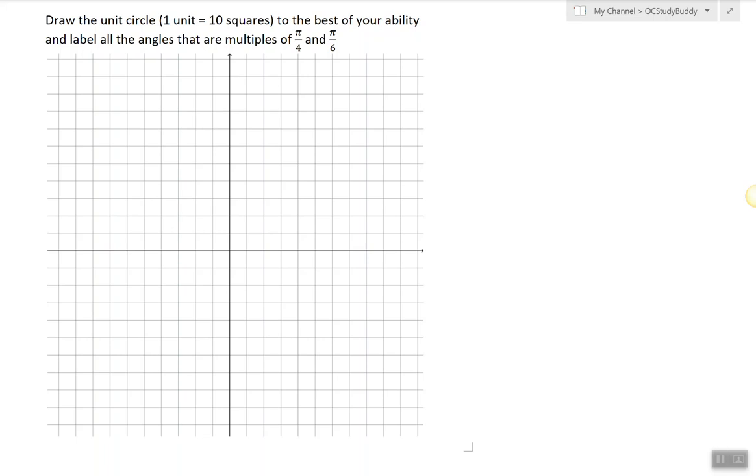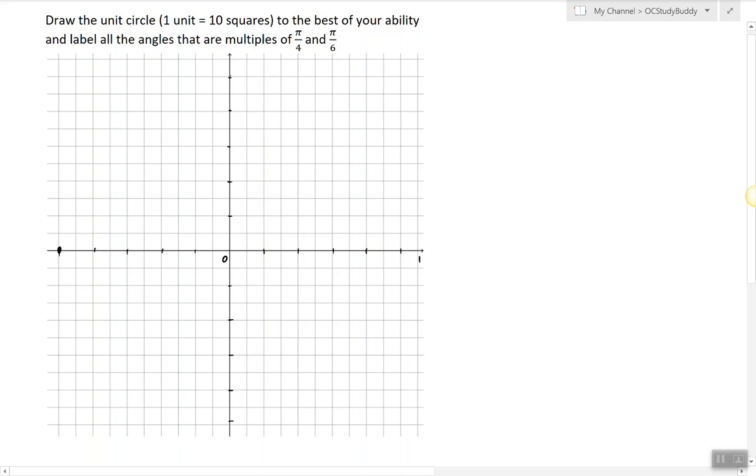In this video, I'm going to show you how to draw a unit circle. And to start, I'm going to define a unit to be 10 squares. That means my unit circle will extend 10 squares to the right from the origin, 10 squares to the left, 10 squares up, and 10 squares down.